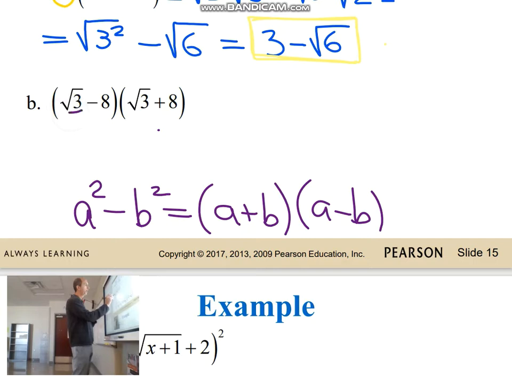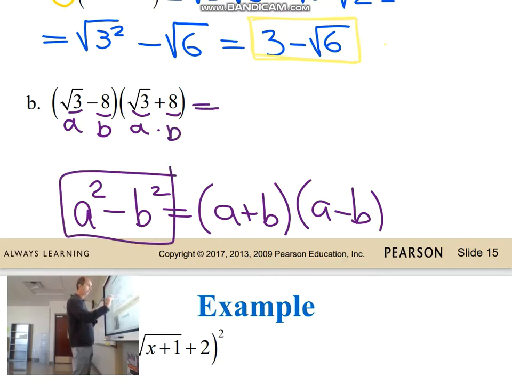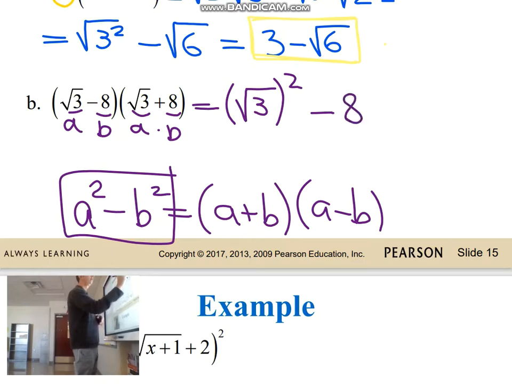This could be A minus B, this A plus B, and this would be equal to A squared minus B squared. This is a special case product that's called the difference of perfect squares. So we can write this equals A squared, square root of 3 squared, minus B, 8 squared.